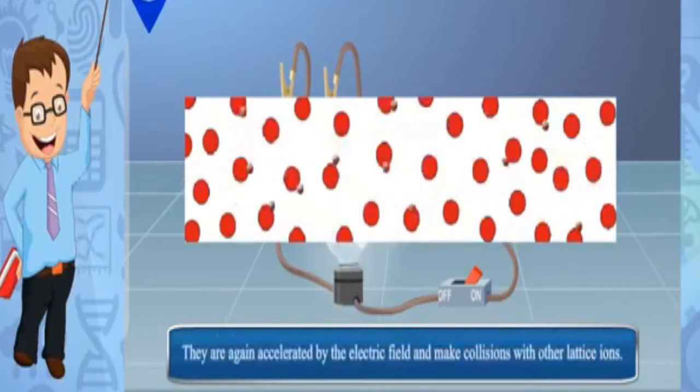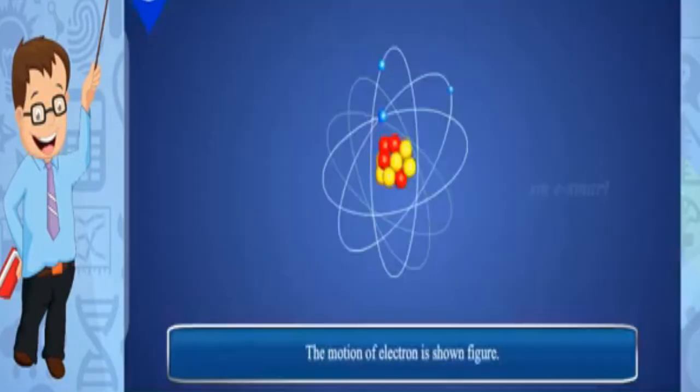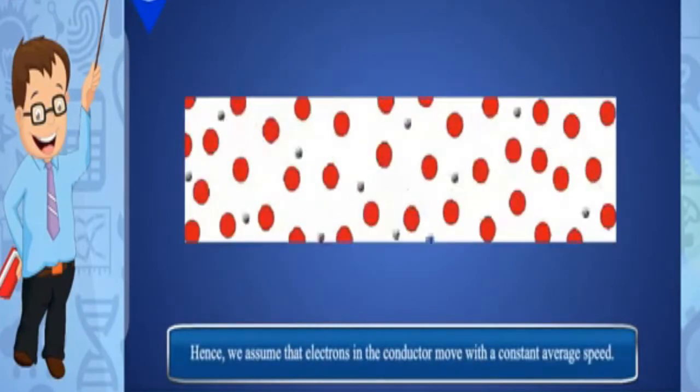They are again accelerated by the electric field and make collisions with other lattice ions. In this way, they continue to move along the conductor. The motion of an electron is shown in the figure. Hence, we assume that electrons in the conductor move with a constant average speed.